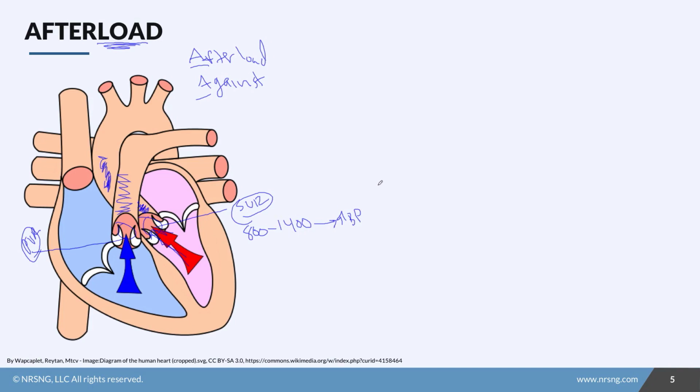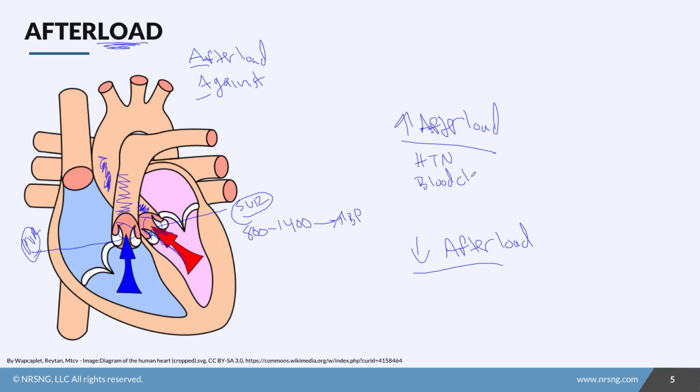Now, things that cause an increased afterload, and a decreased afterload. So, what kinds of things would cause an increased afterload? Well, some things that would cause an increased afterload would be hypertension, blood clots blocking the vessels, and vasoconstriction.